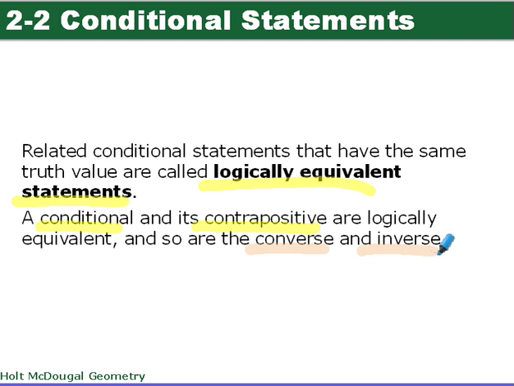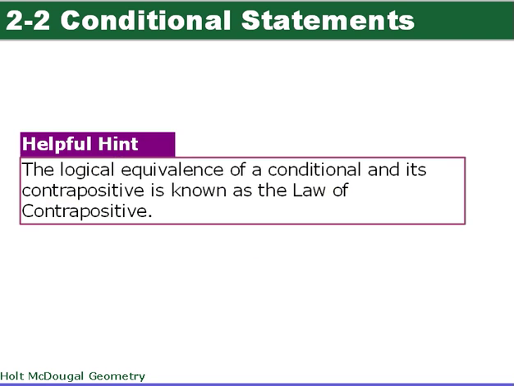So once you know the truth value of the conditional, you know the truth value of the contrapositive. Once you know the truth value of the converse, you know the truth value of the inverse. And just for fun, the logical equivalence of the conditional and its contrapositive is known as the law of contrapositive. You may be on Jeopardy someday, and that could win us lots of money. And that's going to happen, I'm sure.